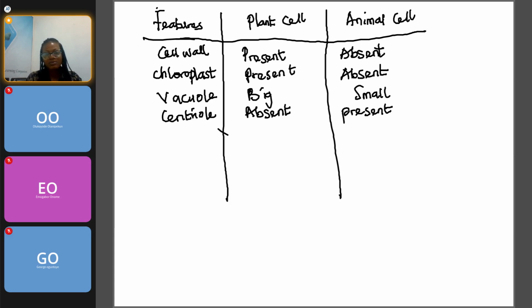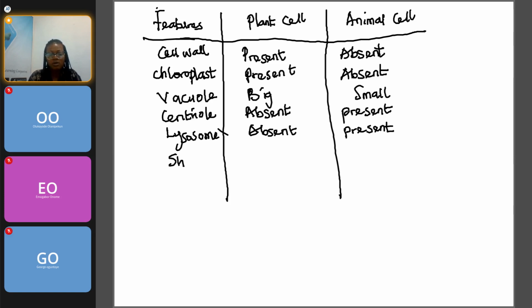So that is why it is absent in plant. Okay, so we also have the lysosome, which is absent in plants and present in animal. What else can we pick as a difference? I think these are the major differences in plant cells and animal cells.